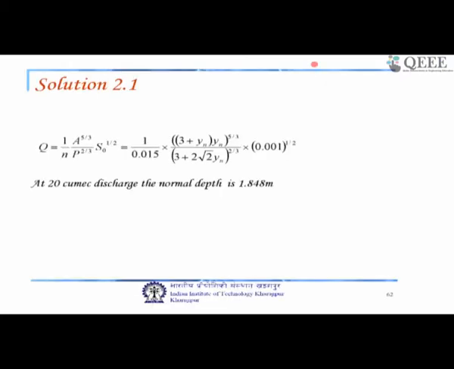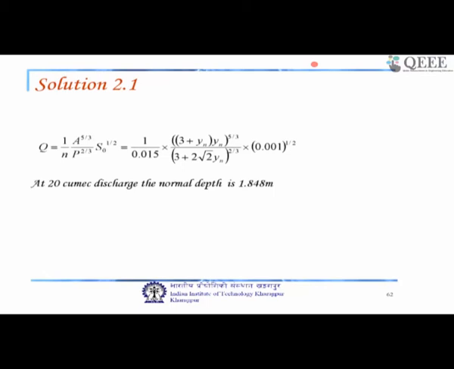From there we can write 1 by n, A to the power 5 by 3, P to the power 2 by 3 in this form, and we can take a guess value, and by changing the guess value you can get the desired normal depth for the channel for given discharge, n value and S value.